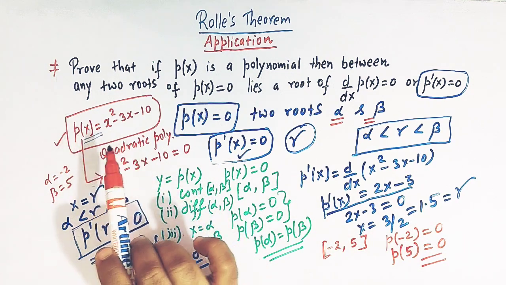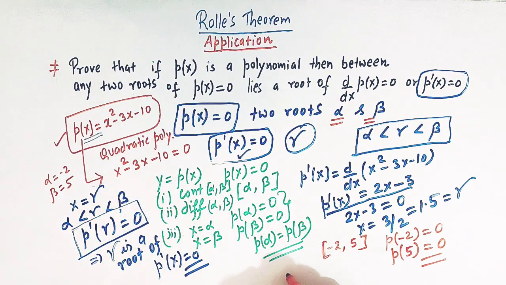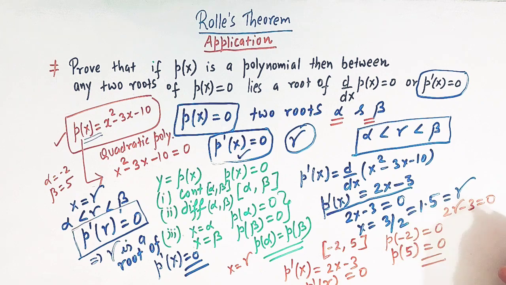And when we have taken the derivative of this quadratic polynomial, that is p prime of x, that is 2x minus 3, then we have seen that x is equal to gamma gives us p prime of gamma is equal to 0. So we had 2 gamma minus 3 is equal to 0.